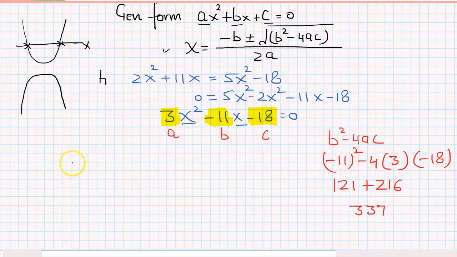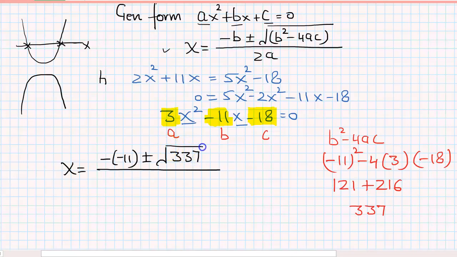So x is minus b, which is minus minus 11, plus minus root of b square minus 4ac, which is 337, over 2a, 2 multiply 3.